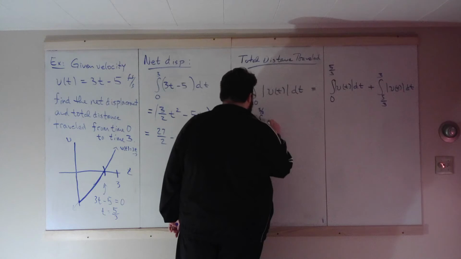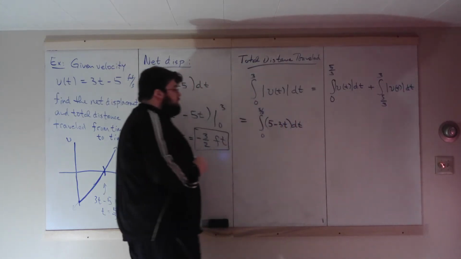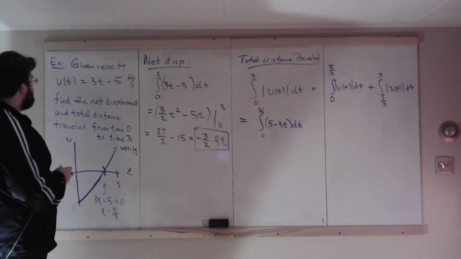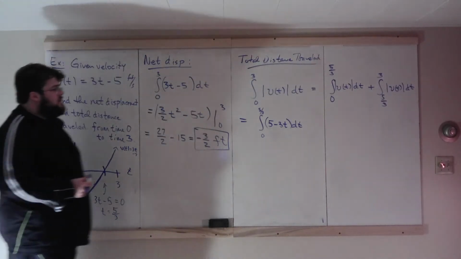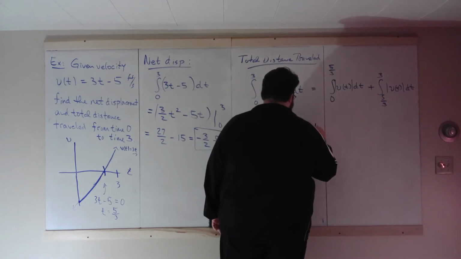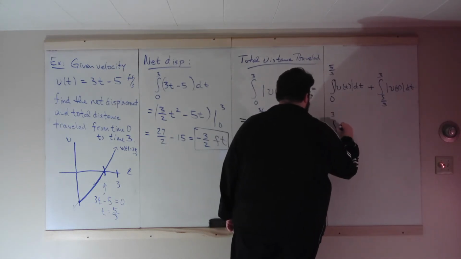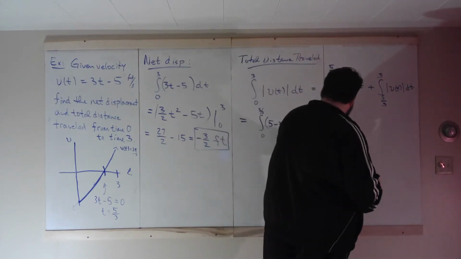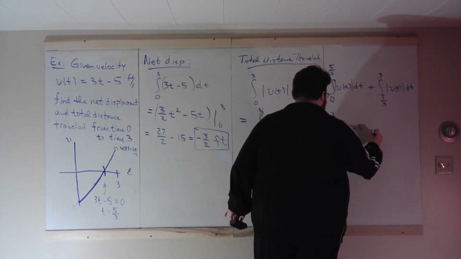Change all the signs around, and you get 5 minus 3t. Take the negative of that. You could write it as negative 3t plus 5 if you want. After 5/3, the velocity is positive, so the absolute value is itself, 3t minus 5.